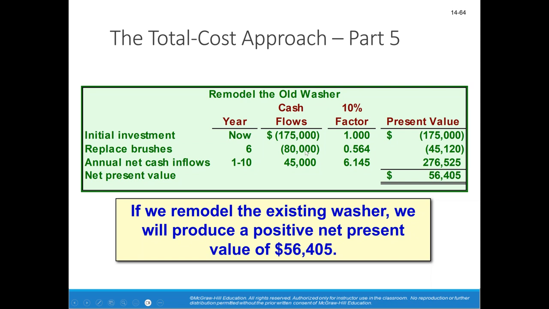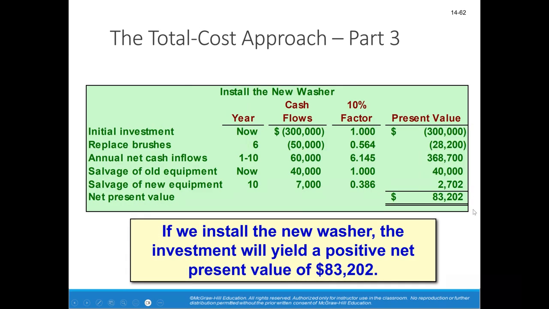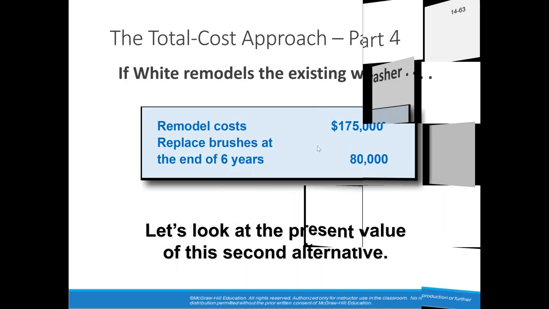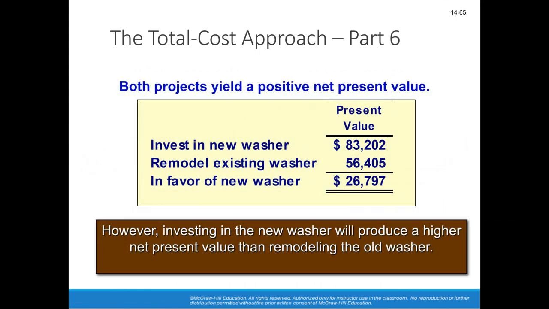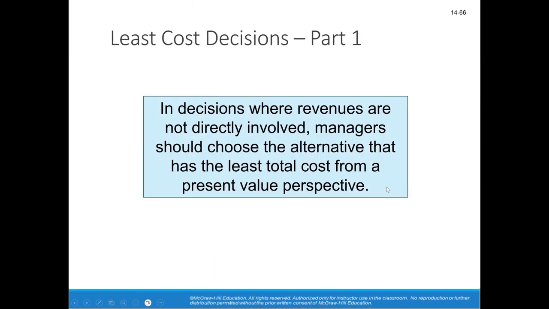Your replacement of brushes is going to be 80,000. So the difference is, according to this, you should install the new washer. They both yield a net present value, but the install new washer is 26,797 better.